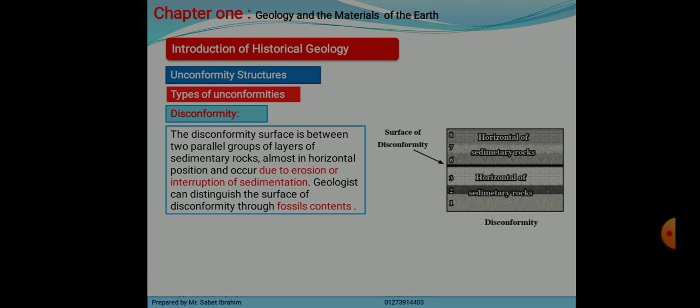So both the older layers and the younger layers are horizontal. Only geologists can distinguish the surface of disconformity by studying the fossil contents of the older group of rocks and the younger group of rocks.